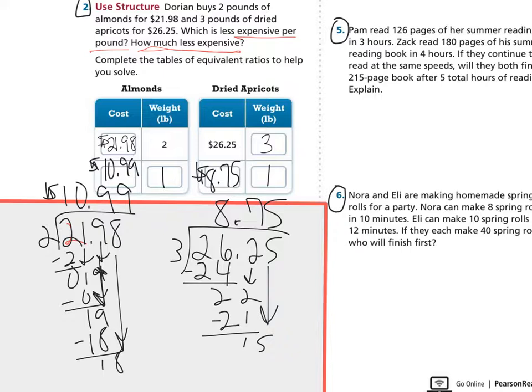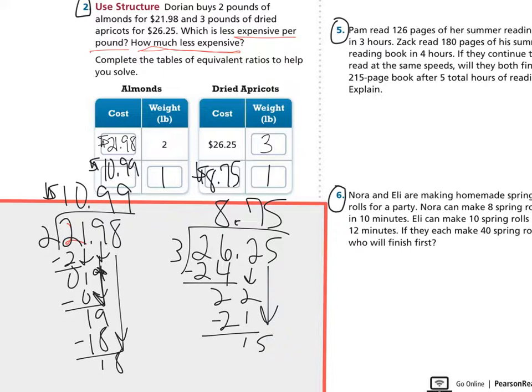So the first question, which one is less expensive per pound, we would say would be the dried apricots. And then how much less expensive, we would just subtract those. So $10.99 minus $8.75 would be $2.24.